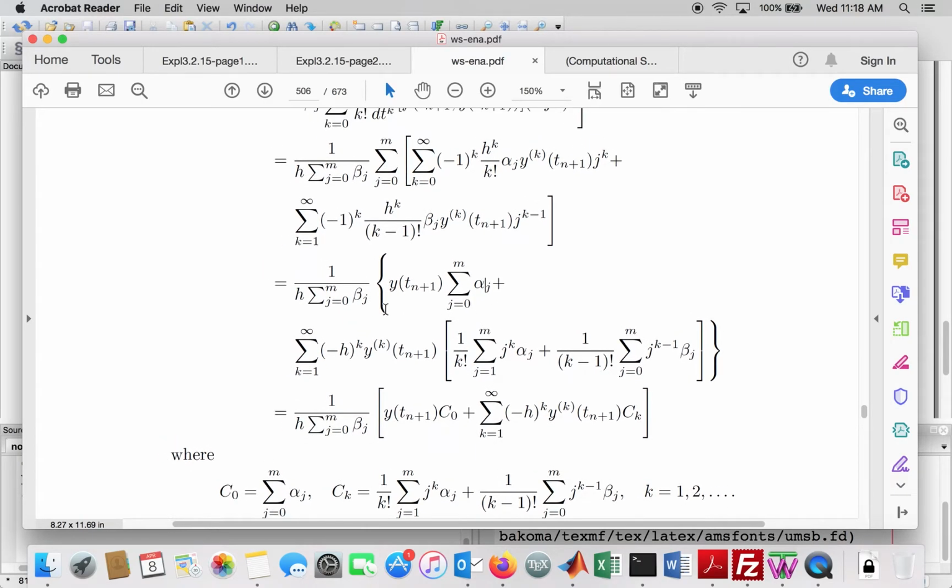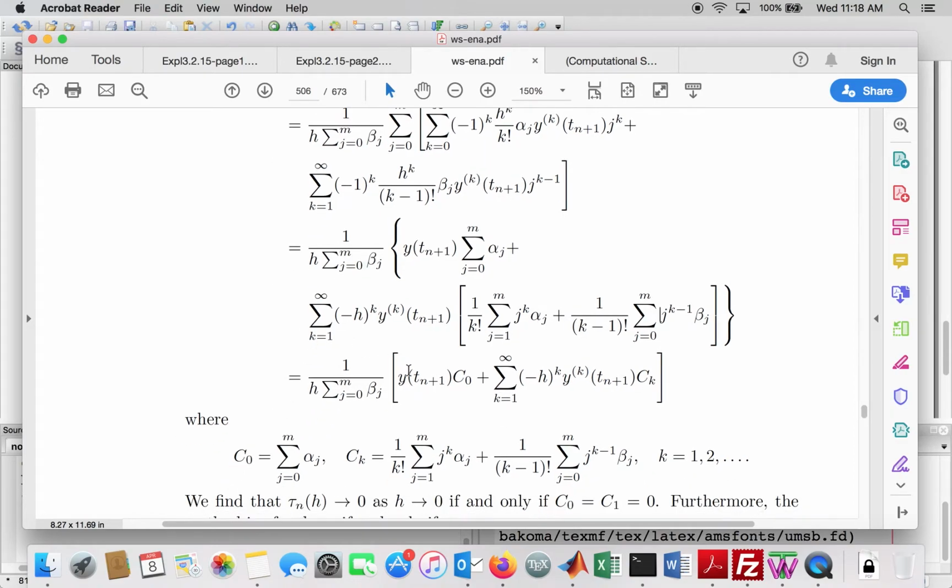Now, this is a local truncation error, so we want as many things to cancel as possible. For example, if the sum of all the alphas is 0, then this term will go away. If this expression is 0 for selected values of k, then these terms of this summation will go to 0. So we want as much to go to 0 as possible, and really it's these constants, C0 and then C1, C2, C3, these are the ones we want to be 0. So this is the final local truncation error for a general multi-step method.